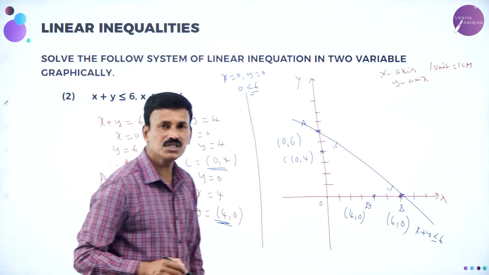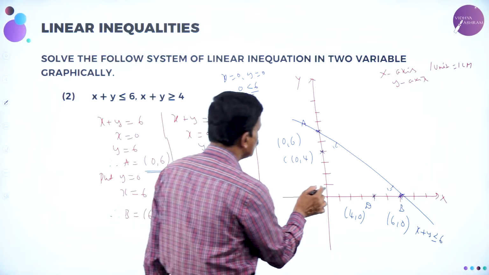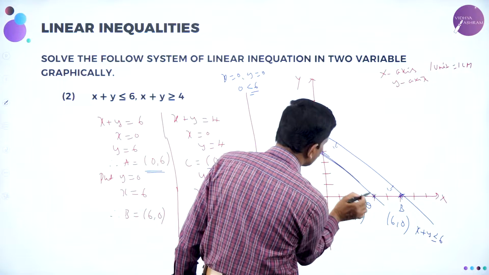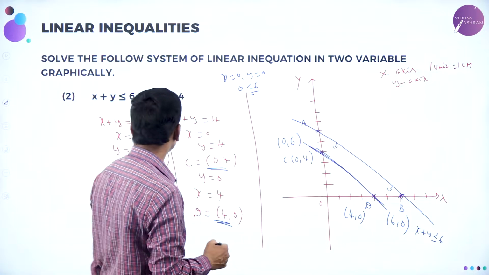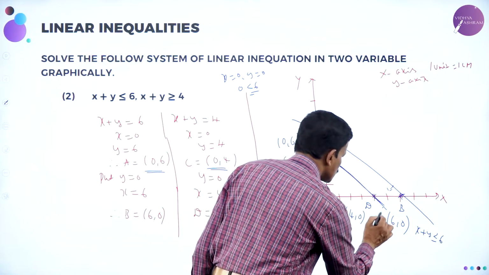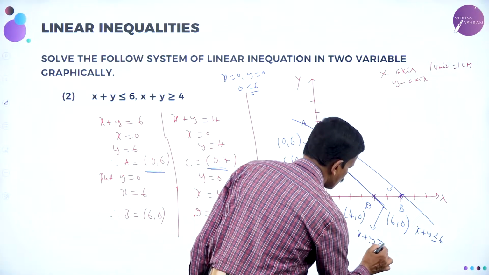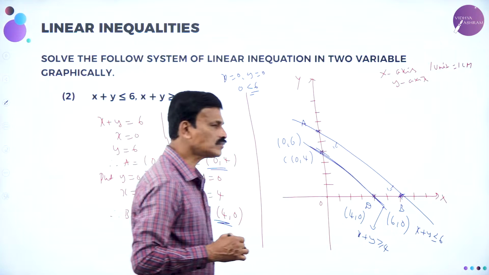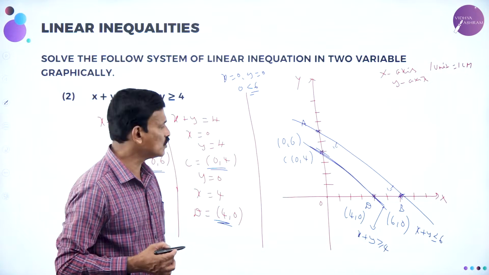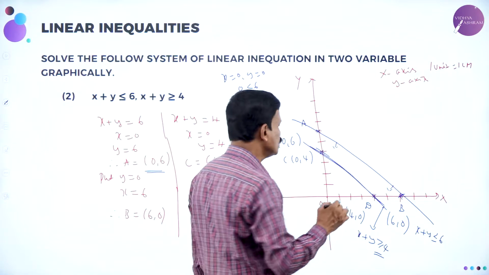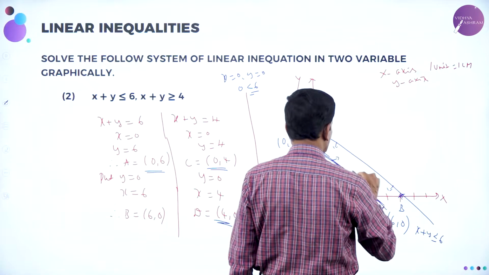Now let us join these 2 points. This line is for x plus y greater than or equal to 4. If the inequality is greater than or equal to, then the feasible region is away from the origin.